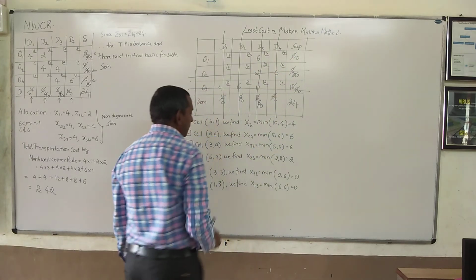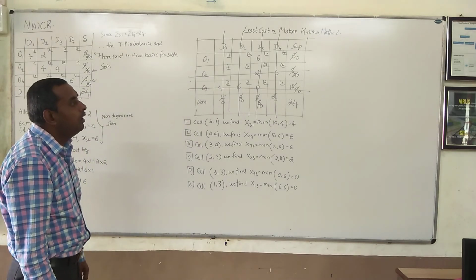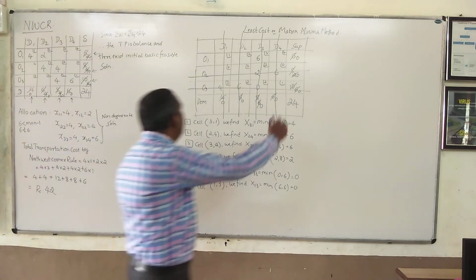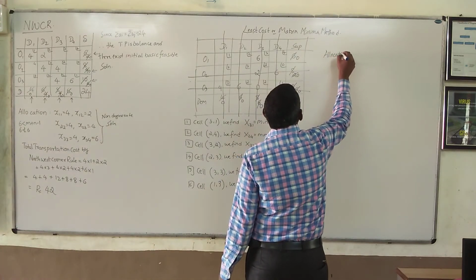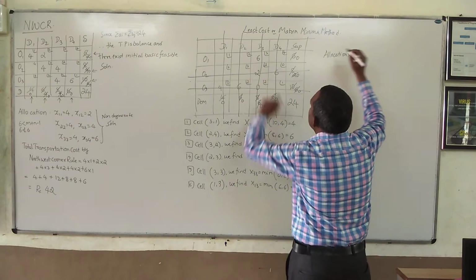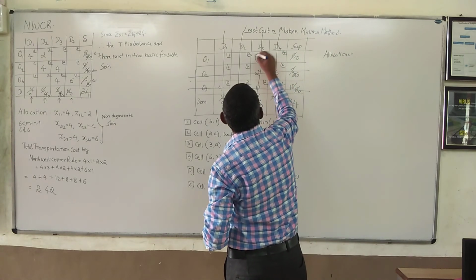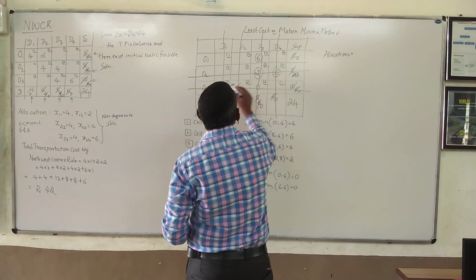Totally we have made this many allocations. So let me write the allocations. Let me round off these allocations because I don't want to get confused. Fine.